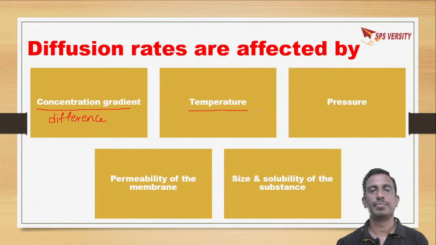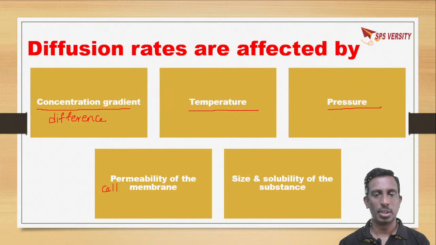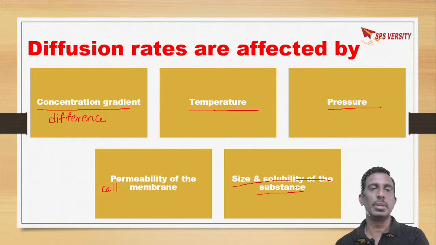Temperature, pressure, permeability of the cell membrane. So cell membrane plays an important role. Our size and solubility of the substances. सब्सटेंसेस का साइज और उसका सॉल्युबिलिटी में डिपेंड होता है.